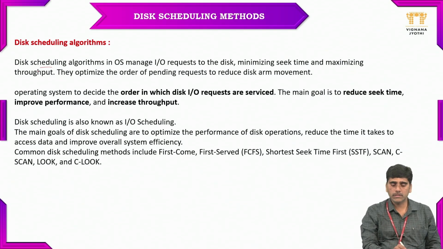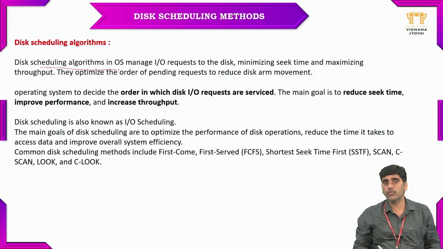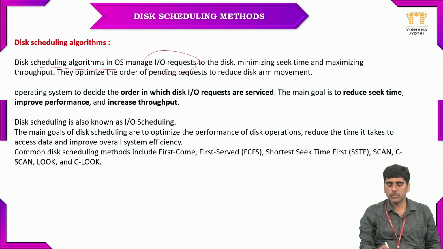Here, the disk scheduling algorithms in the OS manage input/output requests to the disk. That means each and every input request and output request, that is nothing but read or write operations to the disk and from the disk. The main motive is to minimize the seek time.